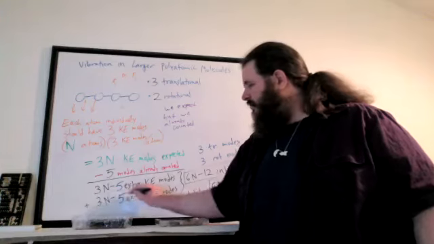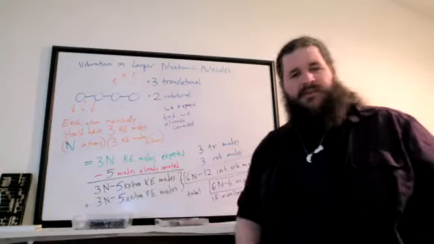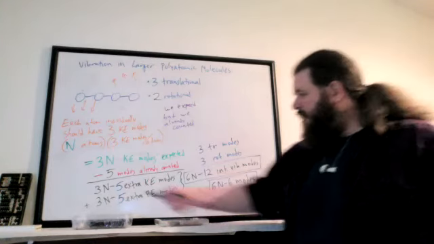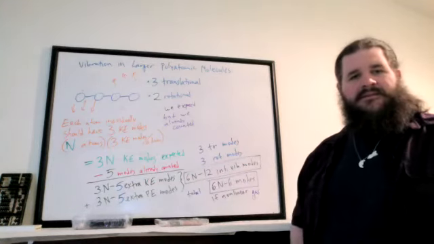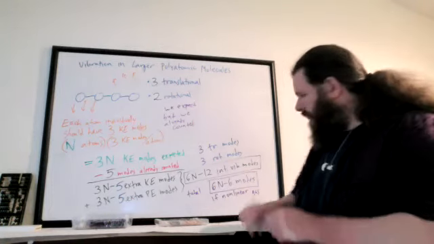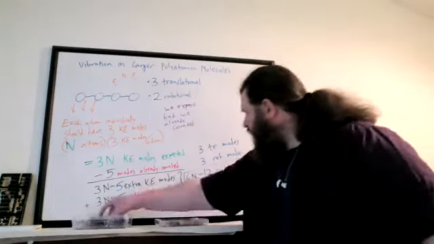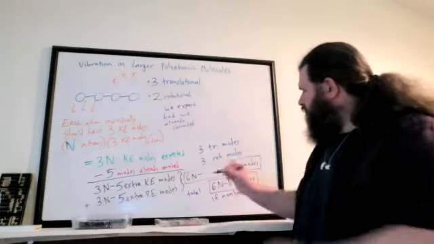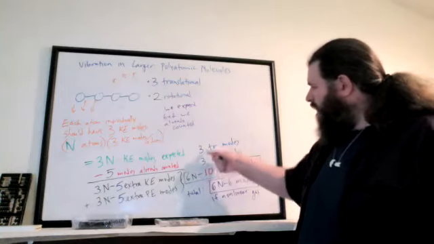And likewise, that would be paired with 3n minus 5 extra potential energy modes. So instead of having 6n minus 12, we combine these to what? 6n minus 10. Yeah. 6n minus 10. And likewise, we want to modify this.